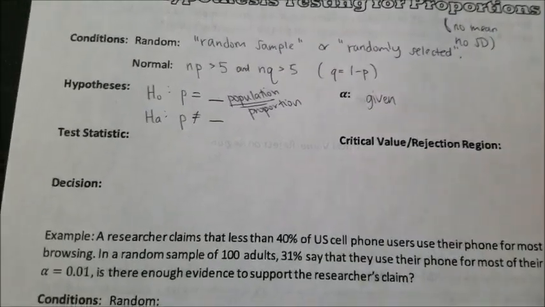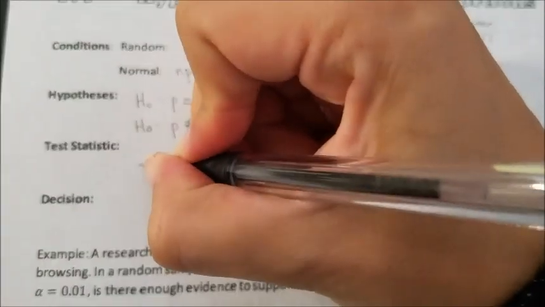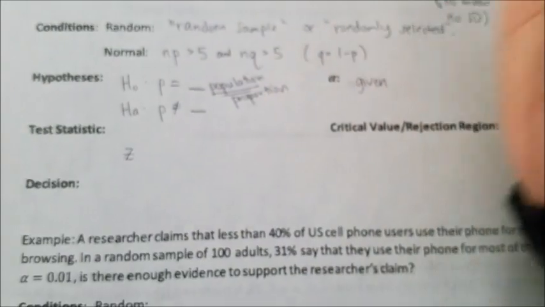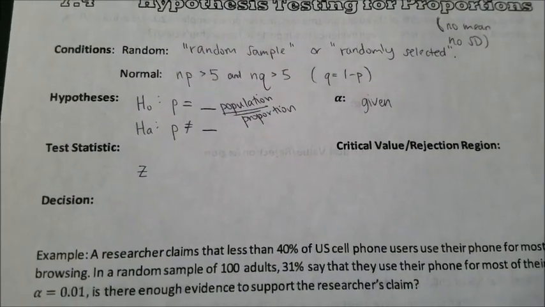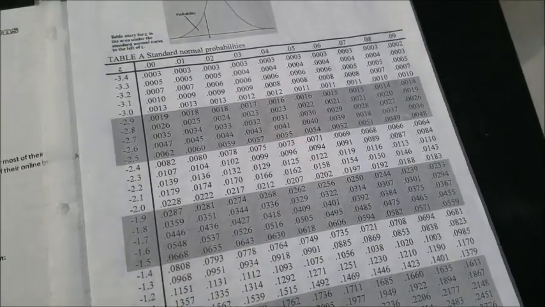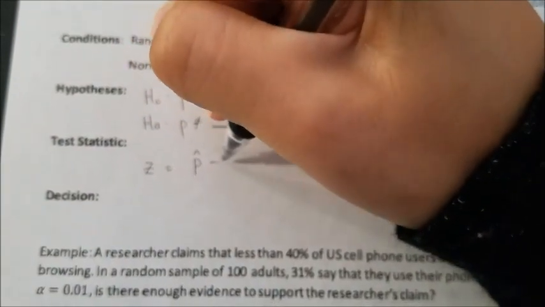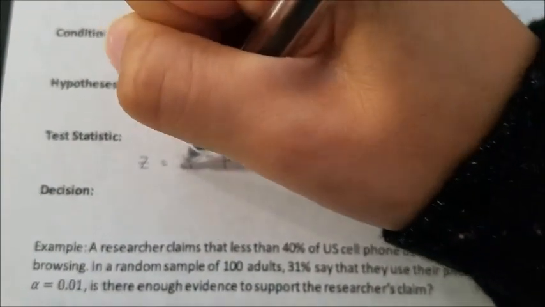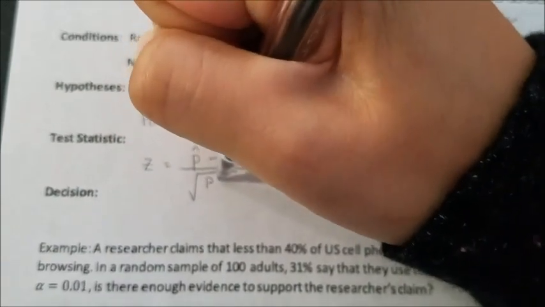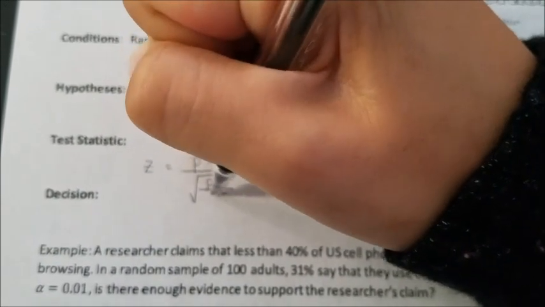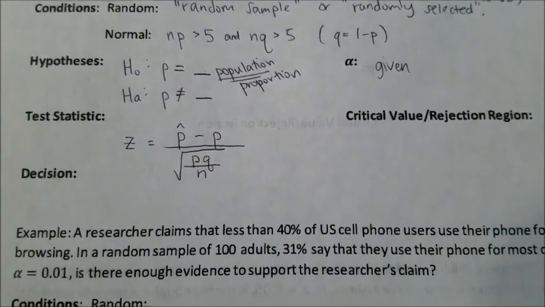The test statistic. So when we're dealing with proportions, we go back to using z-scores, which is kind of nice because that's what we were used to. So that's why we're using our pink chart over here, except mine's not pink. Okay, but our formula for it will look like this. Like that.